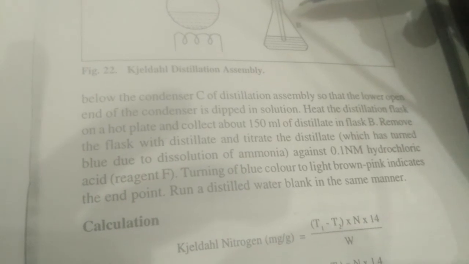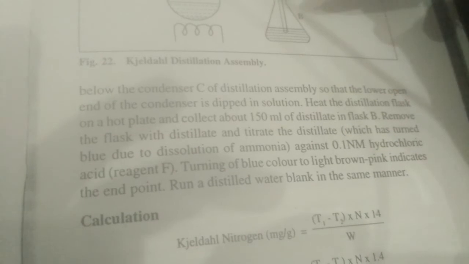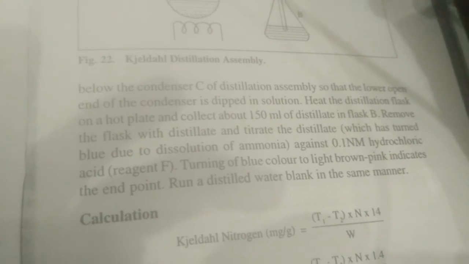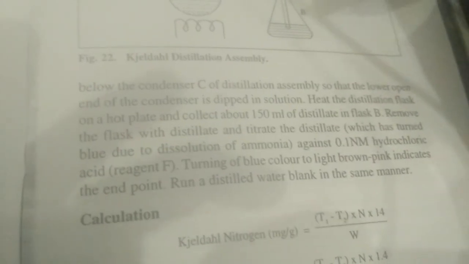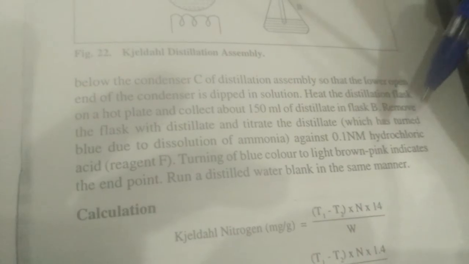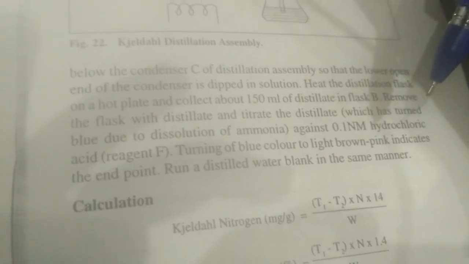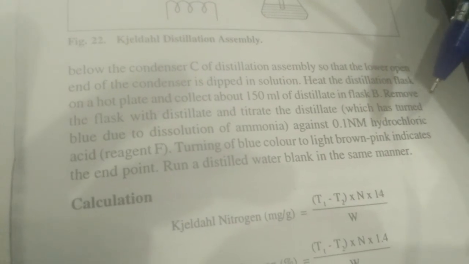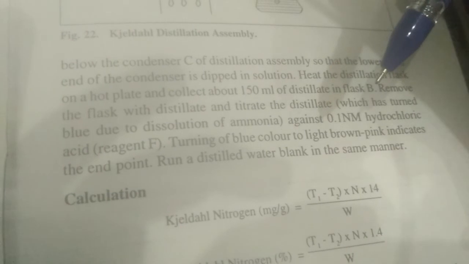Remove the flask with distillate, and titrate the distillate, which has turned blue due to dissolution of ammonia, against 0.1 N hydrochloric acid. Turning of the blue color to light brown pink indicates the end point.